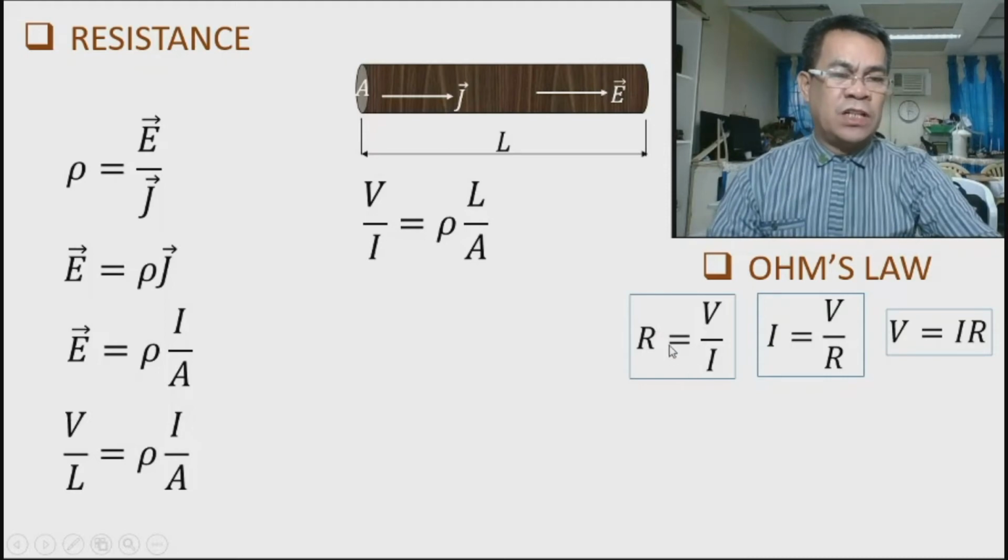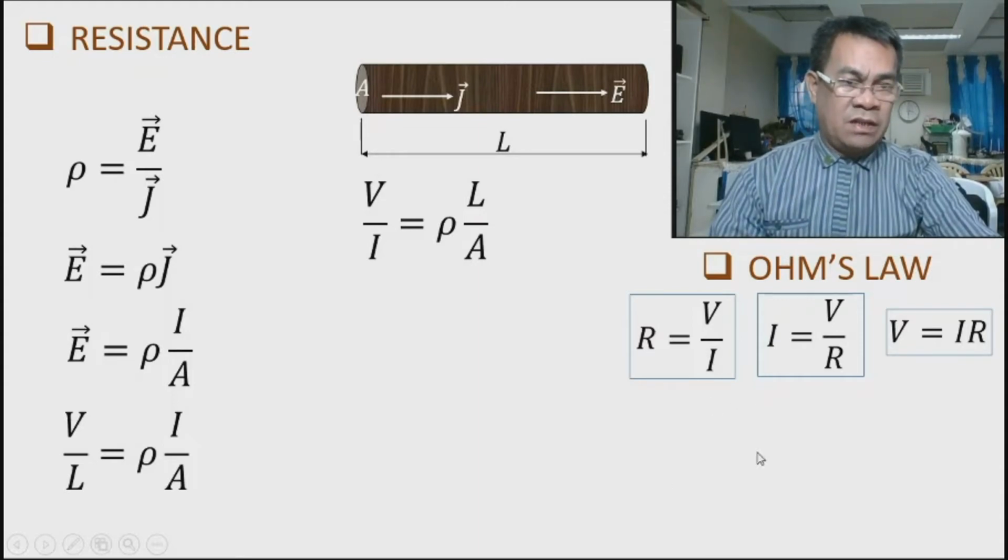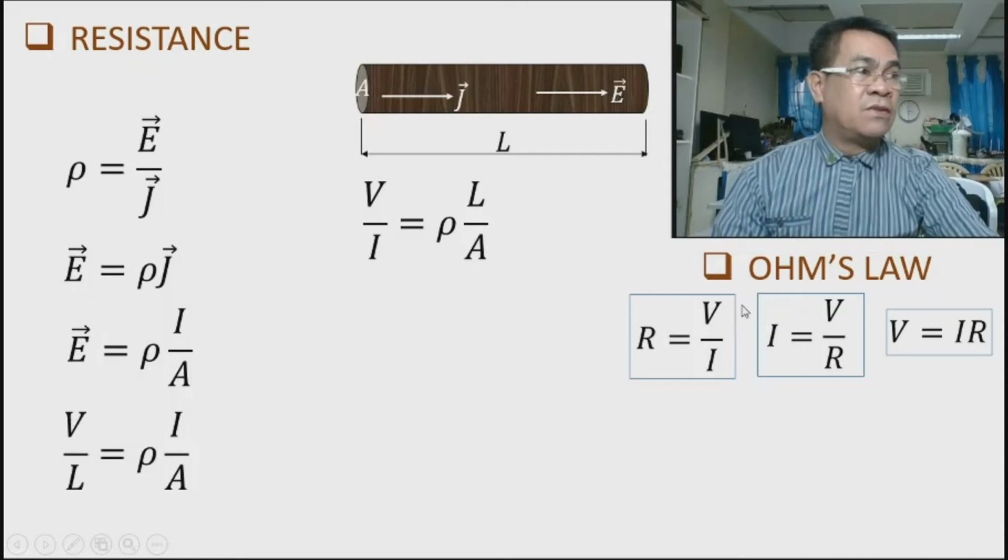So what is now the unit of voltage? It should be volt. What's the unit of the current? It should be ampere, in honor of Andre Marie Ampere. By the way, the unit of volt was given in honor of Alessandro Volta because of his invention of the voltaic cell.